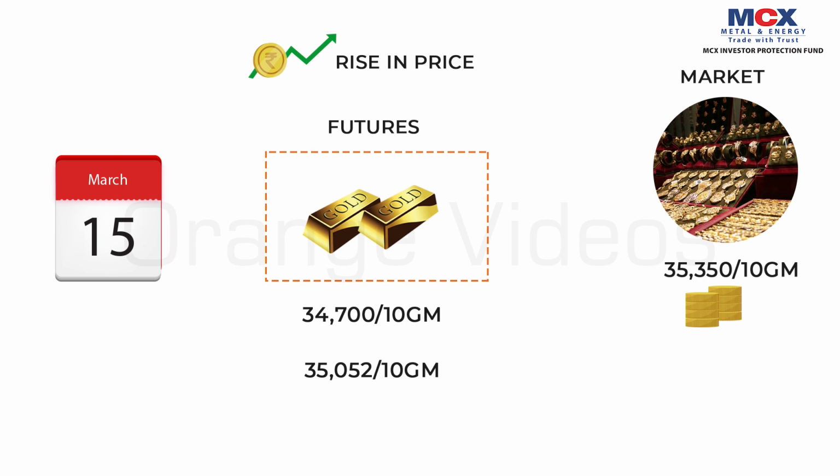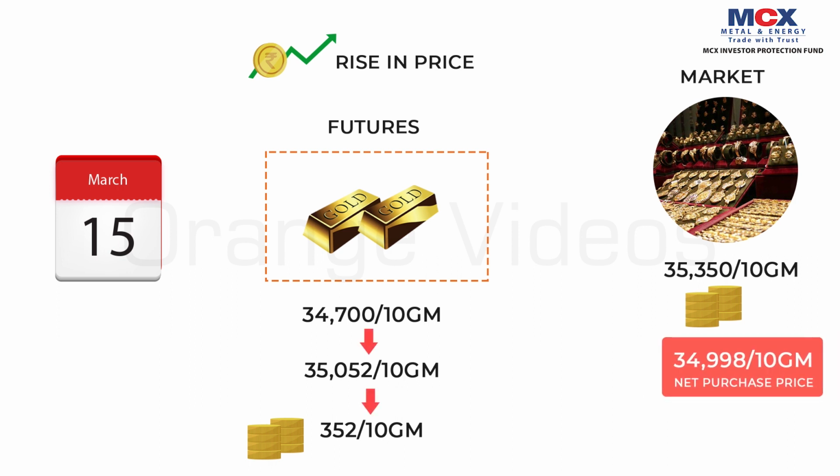Cash flows from the futures market transaction stand at Rs 352 per 10 grams, that is 35,052 minus 34,700. Net purchase price is Rs 34,998 per 10 grams, that is Rs 35,350 minus Rs 352, as locked in.